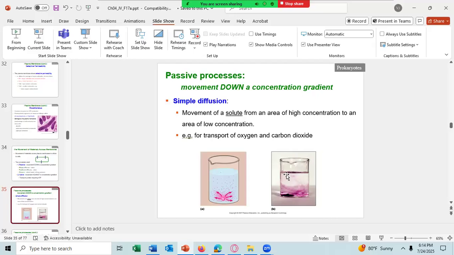And given enough time, the dye will be equally dispersed throughout the water and will be a very light purple color everywhere in the water. There will be no dark purple.